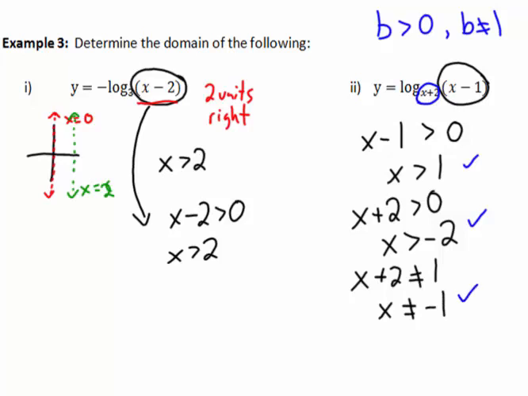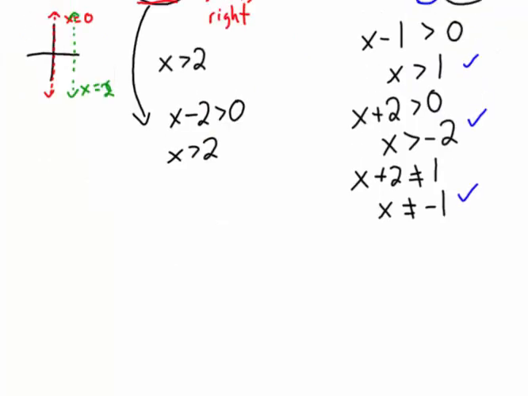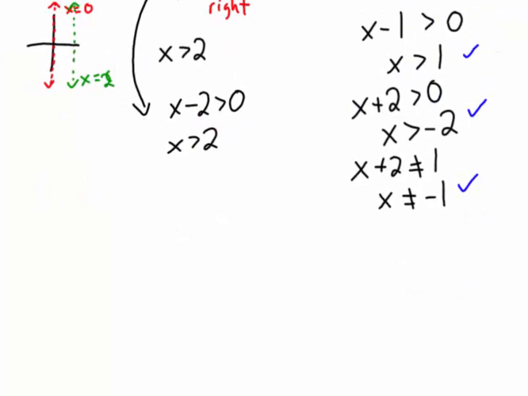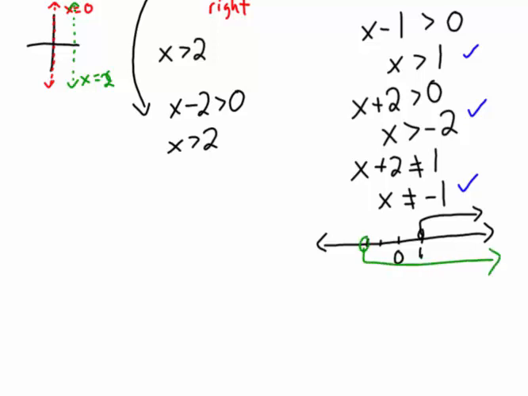But now we have to consider these 3 criteria on a number line to find our restriction. If this is our number line, here's 0. The first criteria tells us x must be greater than 1. So x must be in that region. Our second criteria tells us x must be greater than negative 2, like so.